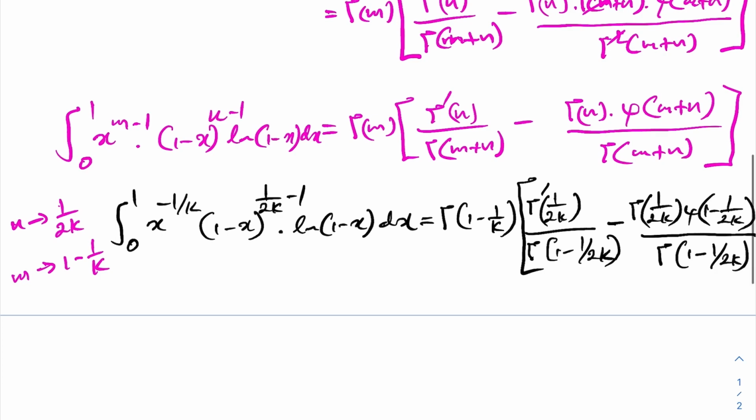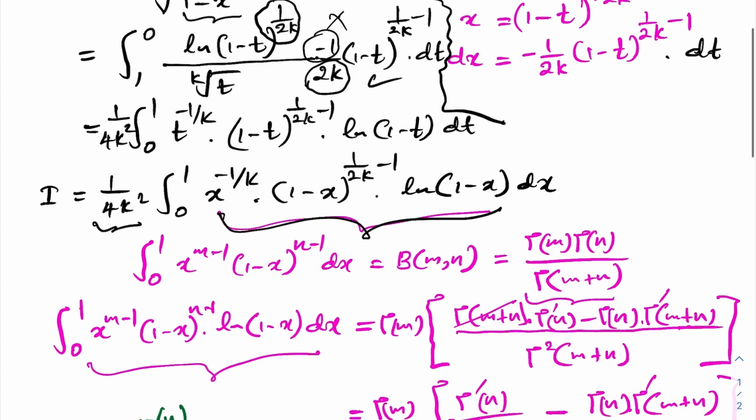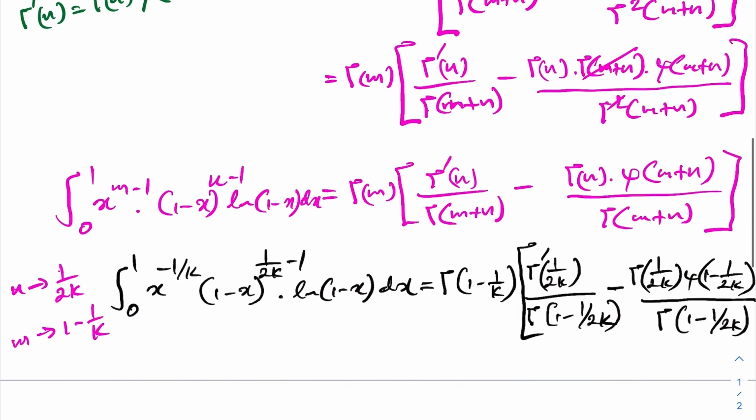Okay, now here we have our integral. We know this is I, 4 times k square times I is equal to this integral. So here we have the same integral.